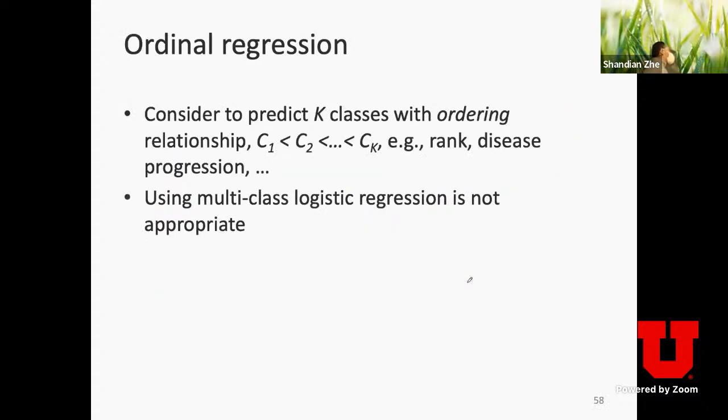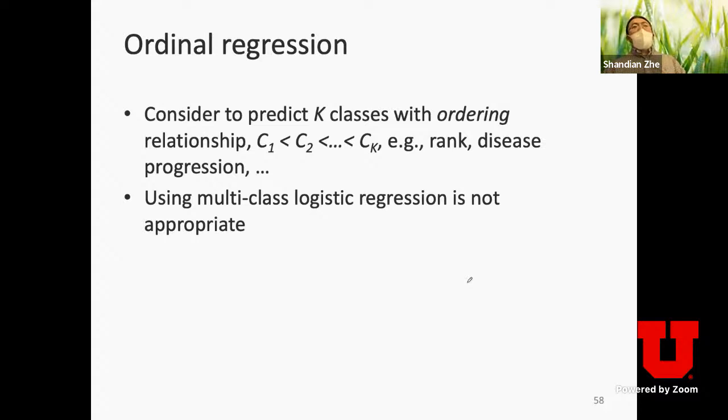And finally, I want to introduce another type of multi-class classification. That means those class labels are ordered. It's not like you can just ignore the order. For example, if you want to predict the rank 1, 2, 3, 4, right? We only need a finite number of ranks.